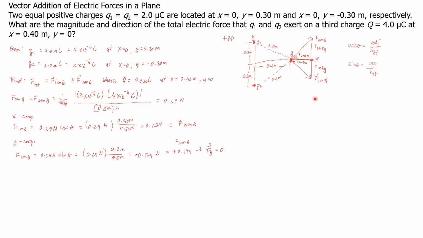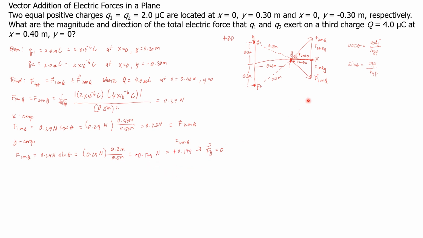For the y component, this is the sine theta. So 0.29 Newton times 0.3 meters over the hypotenuse of 0.5 is equal to 0.174 Newton.